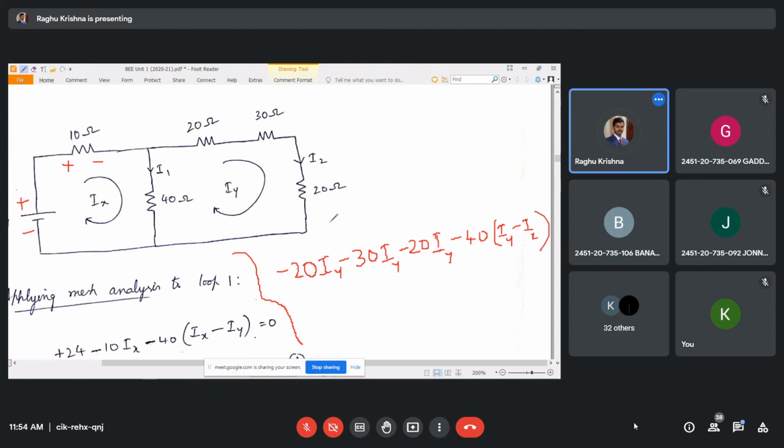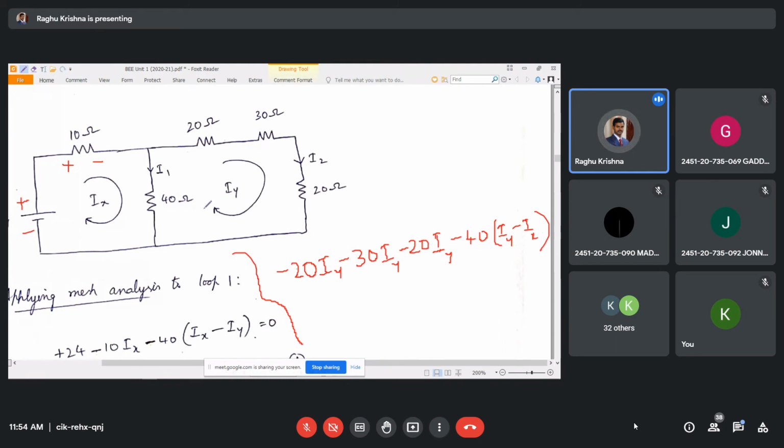Is it clear? I started from this resistor, minus 20 Iy, and I am traveling in the direction of the loop current. So minus 20 Iy, minus 30 Iy, minus 20 Iy, minus 40 (Iy minus Ix).